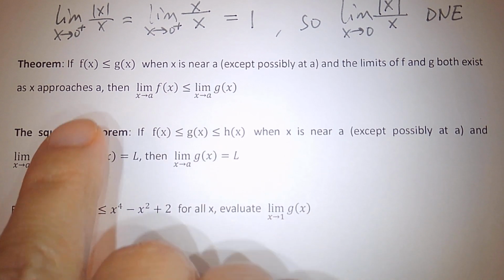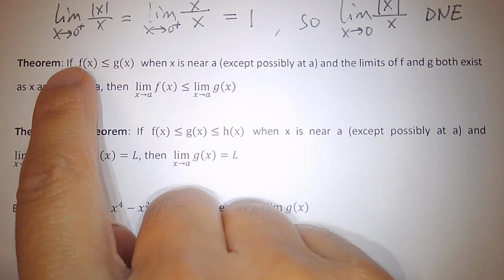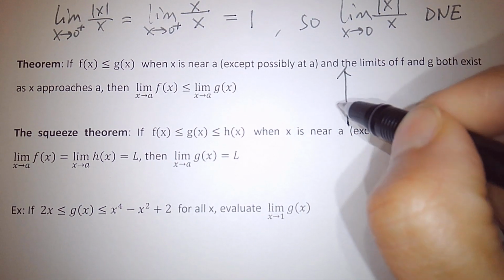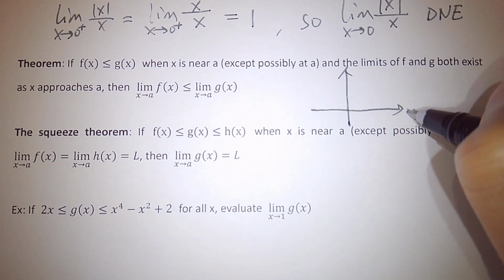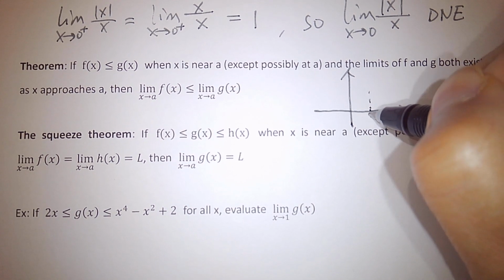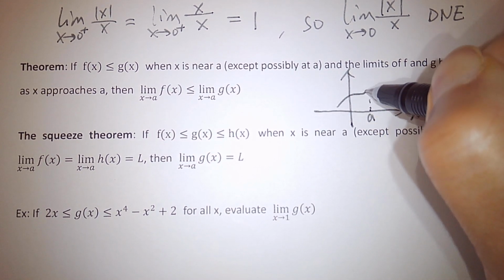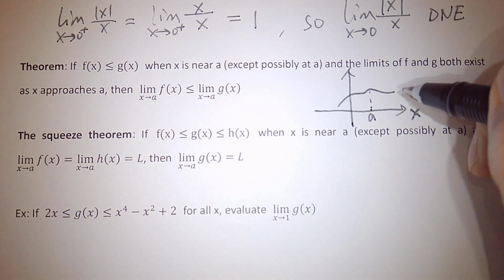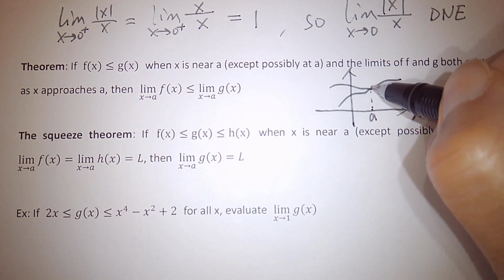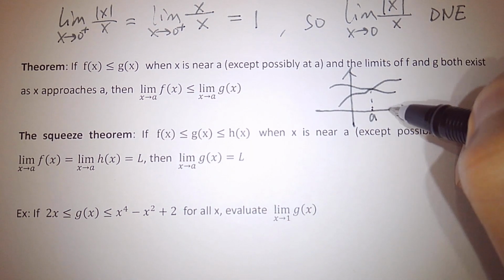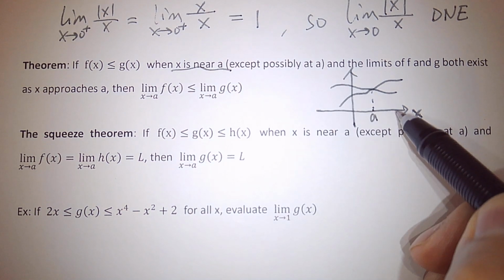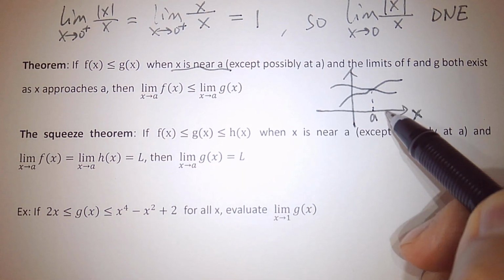Very good. So this is telling us if function f of x is less than or equal to g of x, what does this less than or equal to mean on the x-y plane? Maybe lower on the graph. Yes, you're right. So this is function f, and then there's another function, say g. When x is near a, x could approach a from the left or from the right.